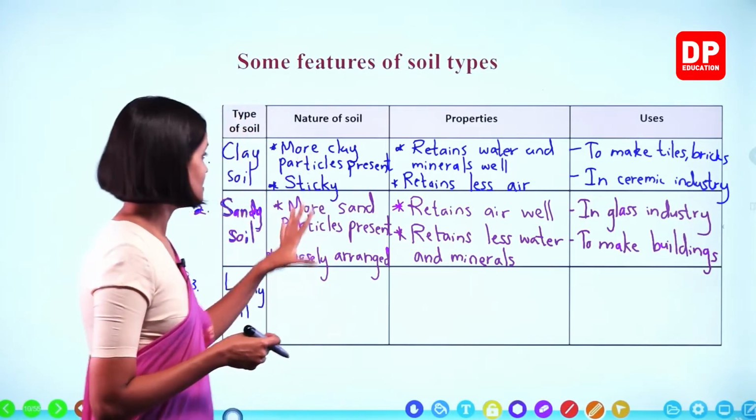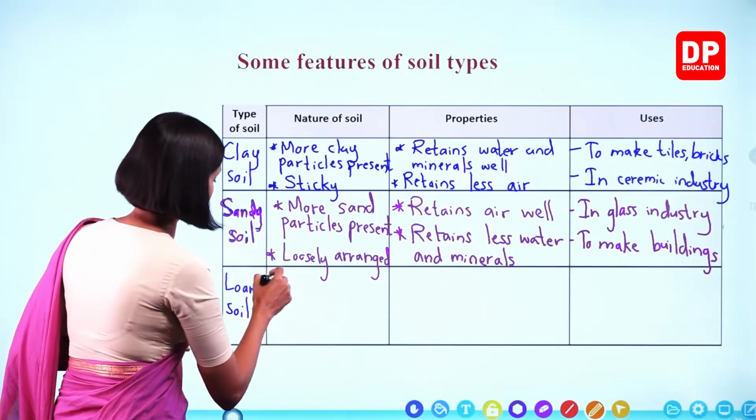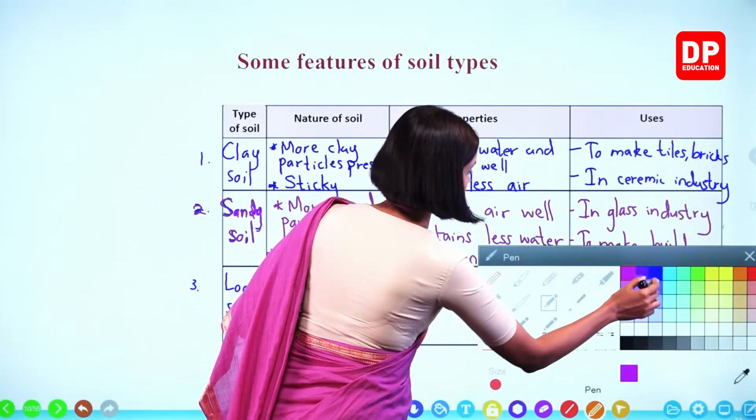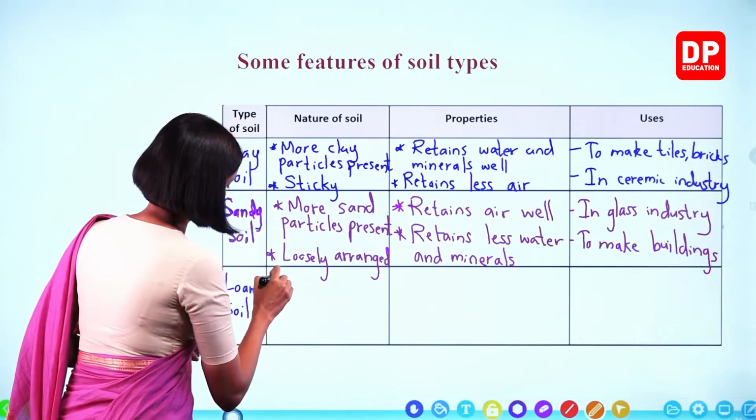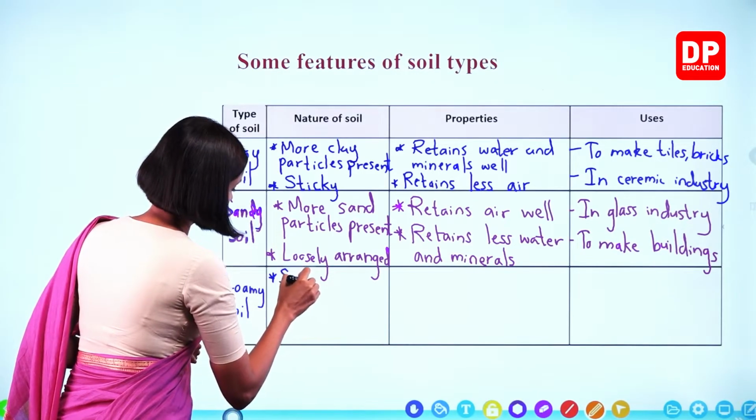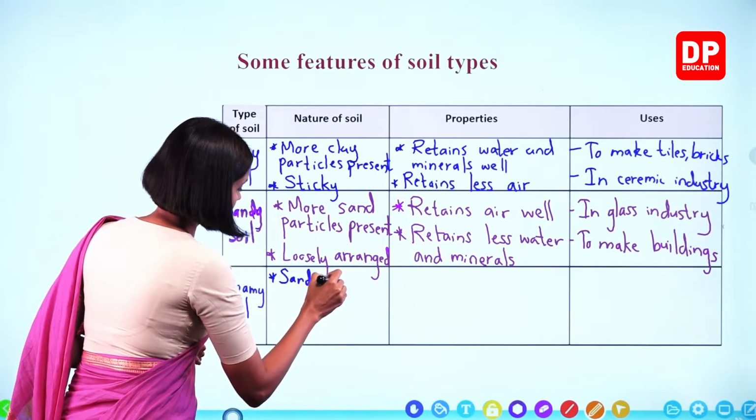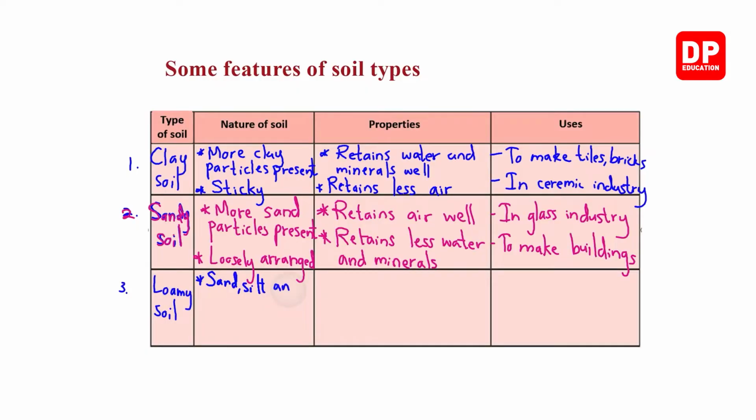Okay, children? Right, we'll write these things. Nature of soil. Sand, silt, and clay present. Right? Sand, silt, and clay present.